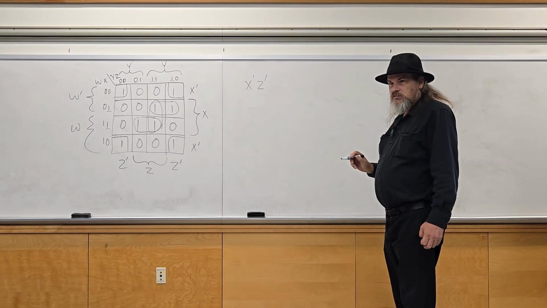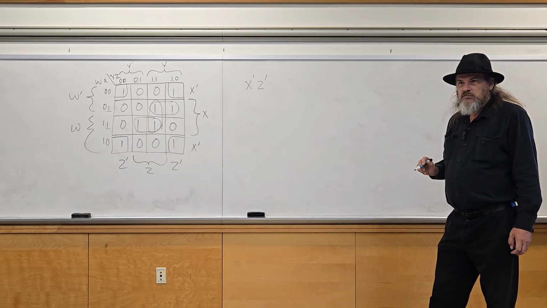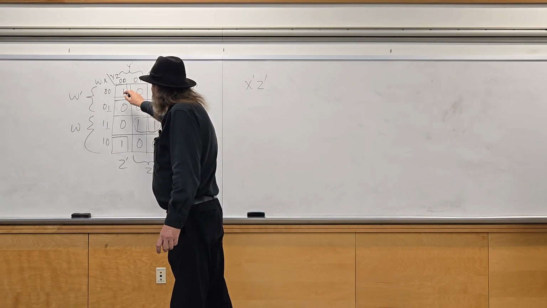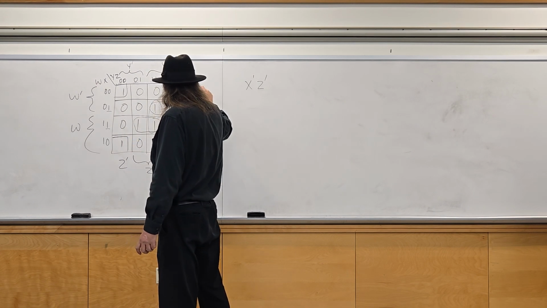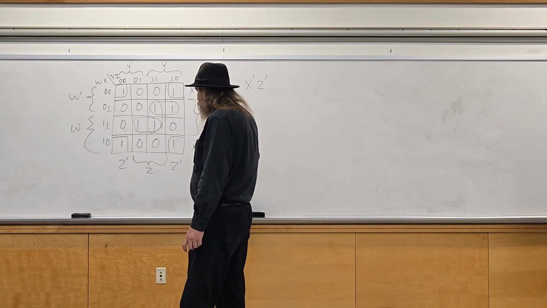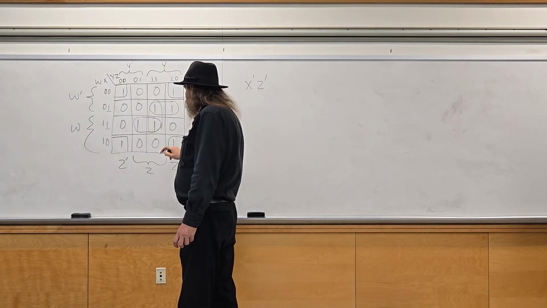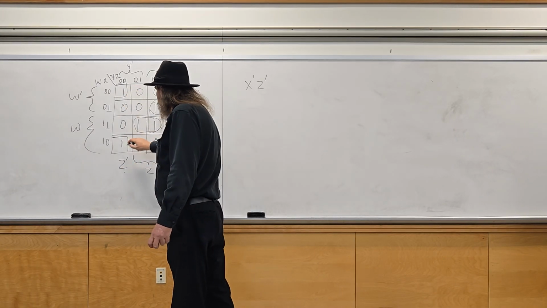See how I got that? It's for the four corners, for all four. Yeah, x prime is up here and down here. Z prime is down here and down here. So it matches up the four corners.